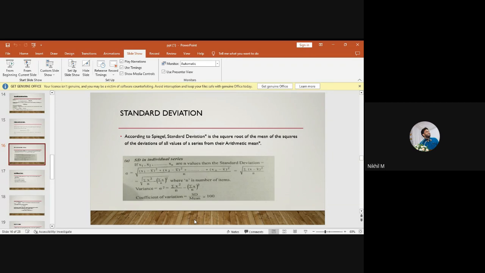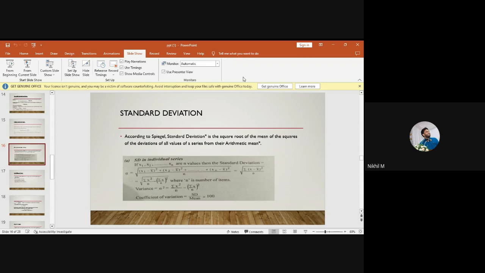They are classified into absolute and relative, and each is classified into four: range, quartile deviation, mean deviation, and standard deviation. Similarly, under relative, we have the coefficient of range, coefficient of quartile deviation, coefficient of mean deviation, and coefficient of standard deviation.